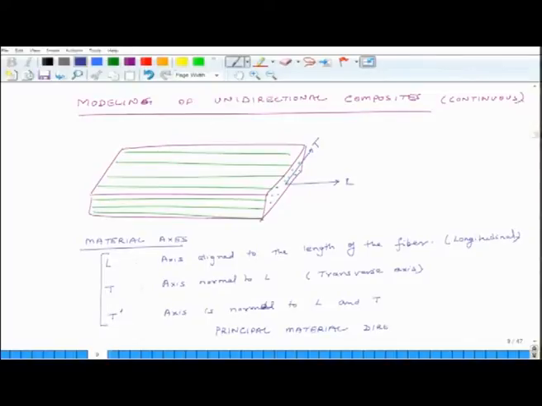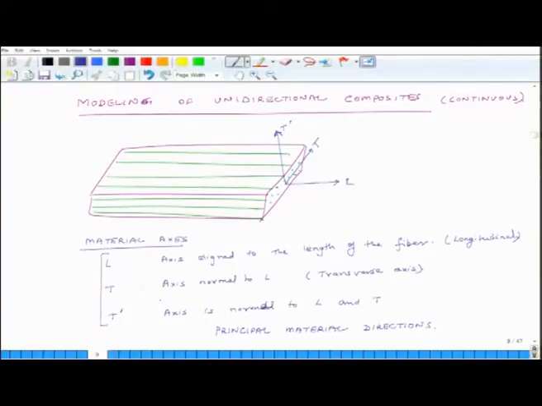So, either you call it material axes or principal material directions. So, where would T be located? T would be located something like this, and T prime is located something like this. So, these are the 3 principal material axis directions.